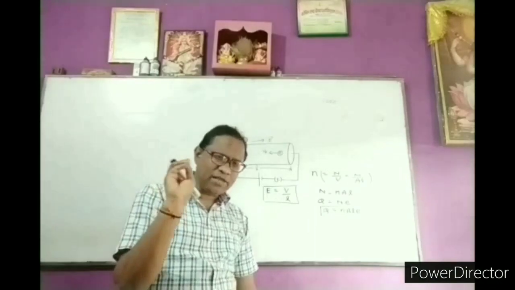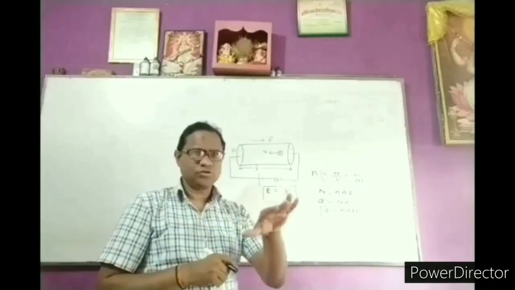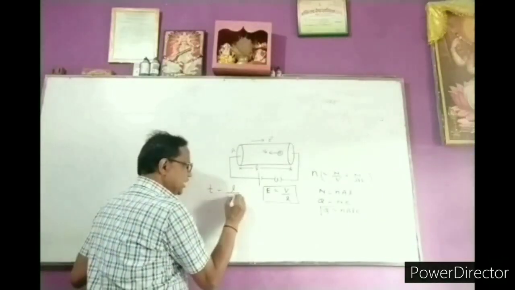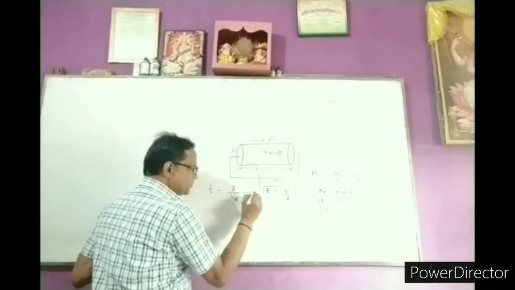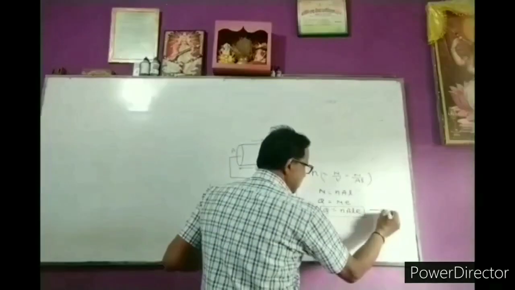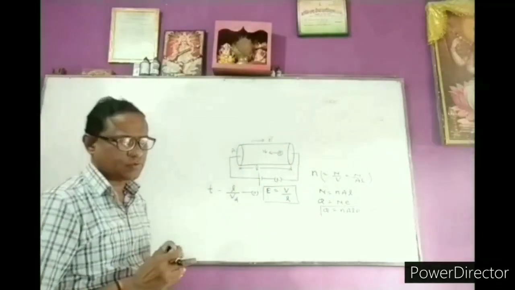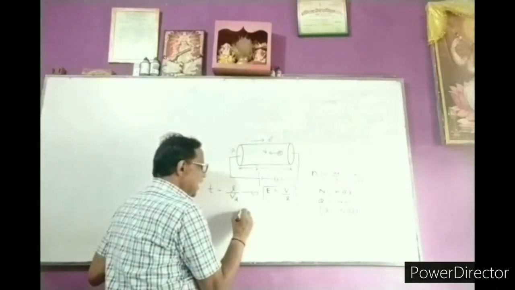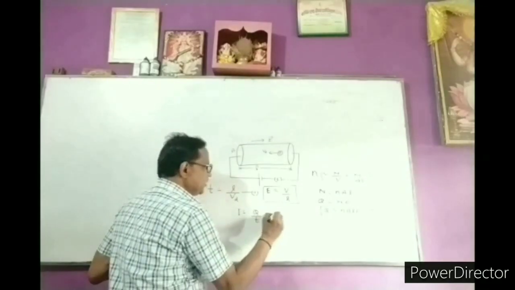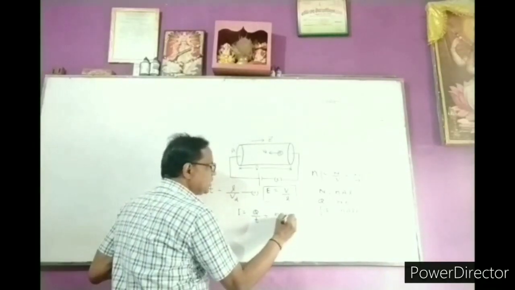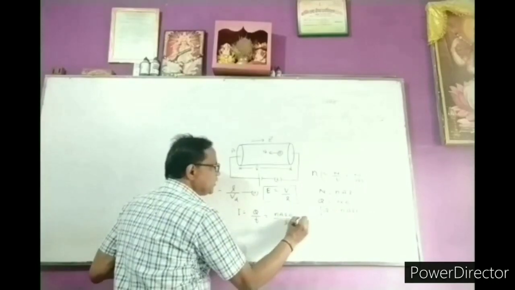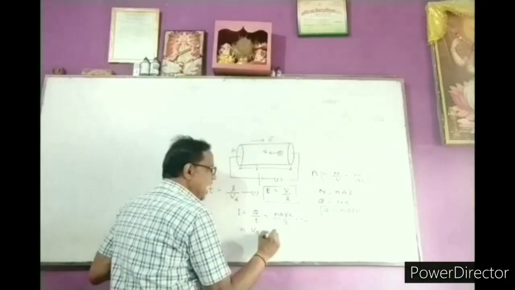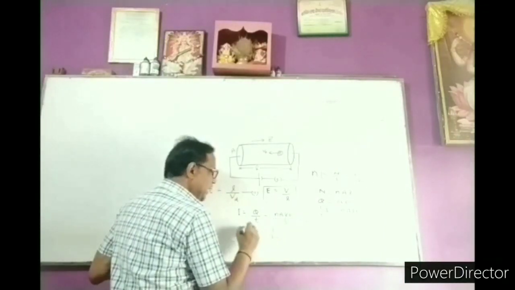The time taken by the charge to cross the conductor, so t is equal to L by Vd. According to the definition of electric current, I is equal to Q by t, so nALe by L by Vd. L is cancelled out, so Vd is equal to I upon nAe.